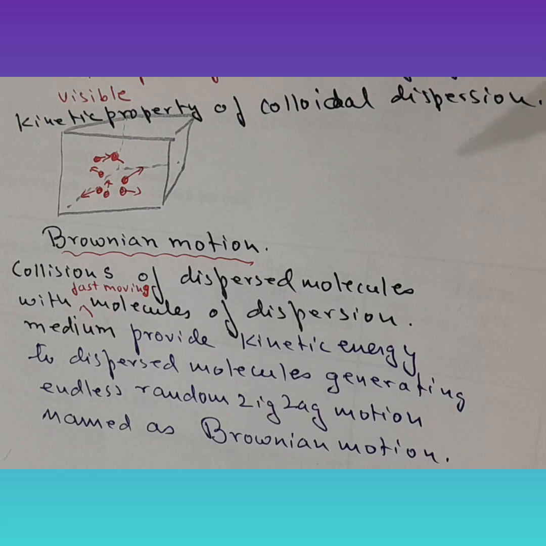The next property that I choose is the kinetic property of colloidal dispersion. Now the molecules which are there keep on moving around in zigzag motion. Now why does it happen? It all happens because of the dispersion medium providing kinetic energy to the dispersed molecules.